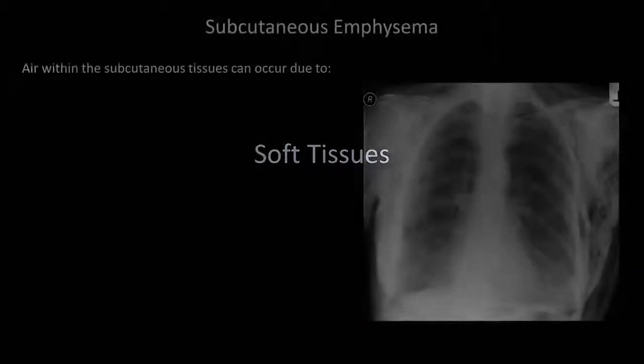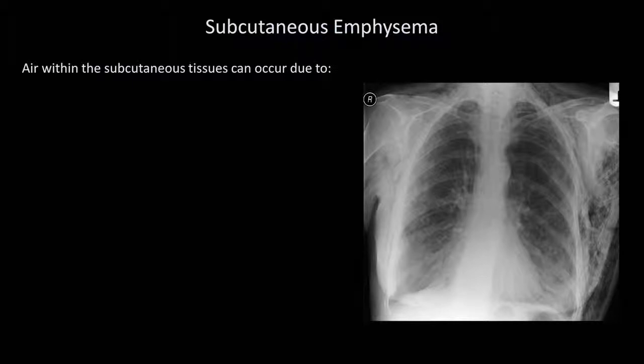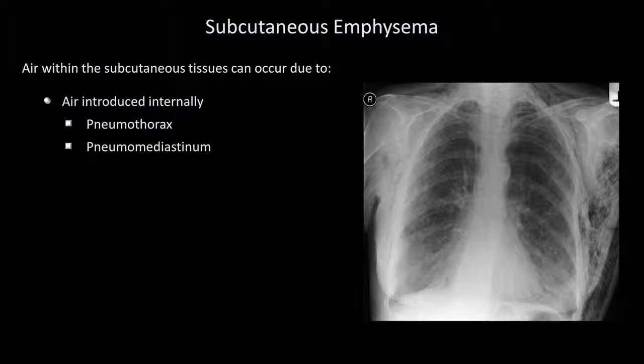Relative to the bones, there is comparatively less to look for in the soft tissues. One quite dramatic abnormality is subcutaneous emphysema, which is air within the subcutaneous tissues. This can occur due to air being introduced from within, as in a dissecting pneumothorax, pneumomediastinum, or pulmonary interstitial emphysema, all of which can complicate positive pressure ventilation.